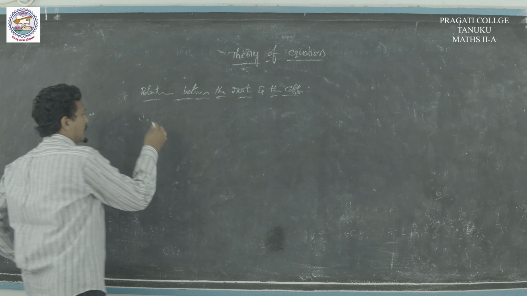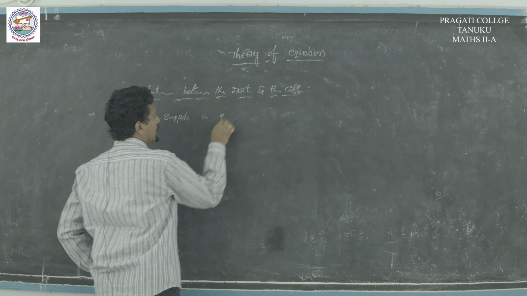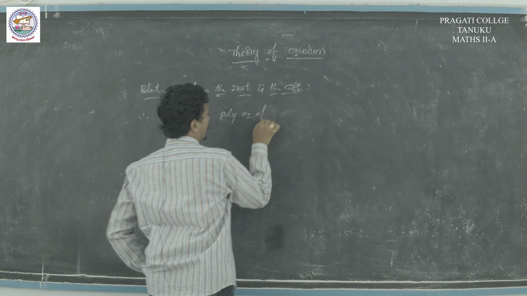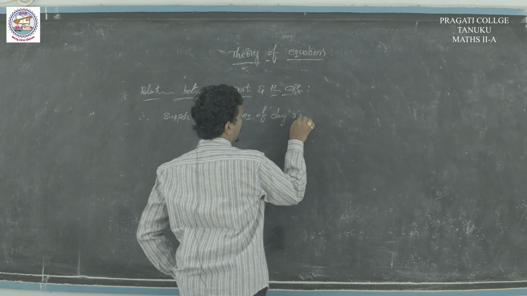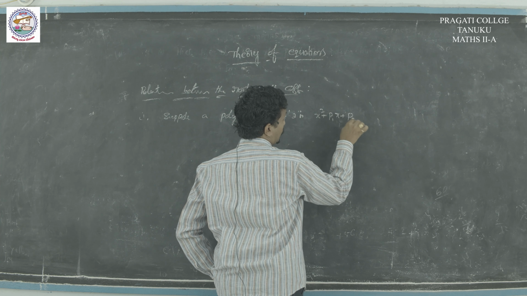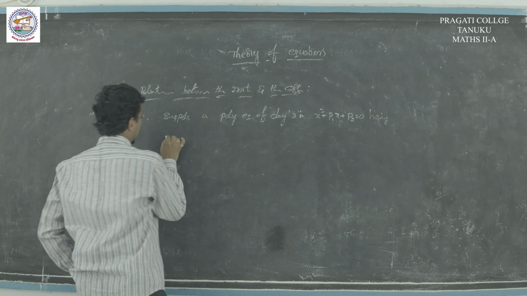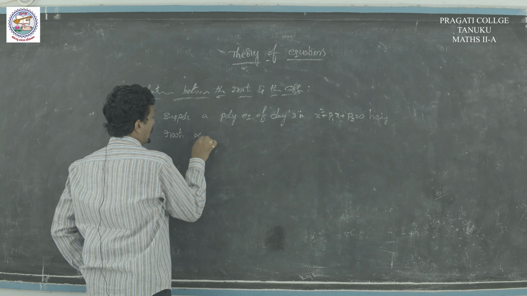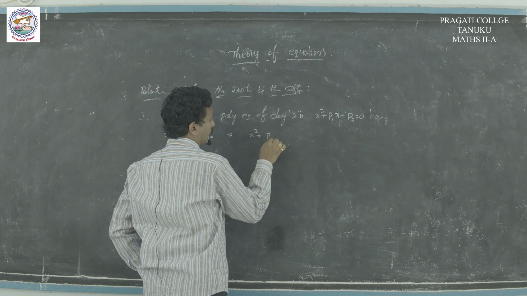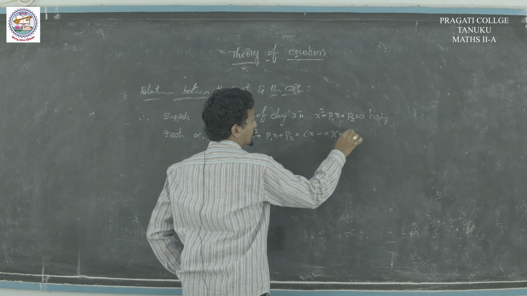Okay. First one is, suppose a quadratic equation, suppose a polynomial equation of degree 2 is x square plus p1x plus p2 equal to 0, having roots alpha comma beta, implies x square plus p1x plus p2 is equal to x minus alpha into x minus beta.